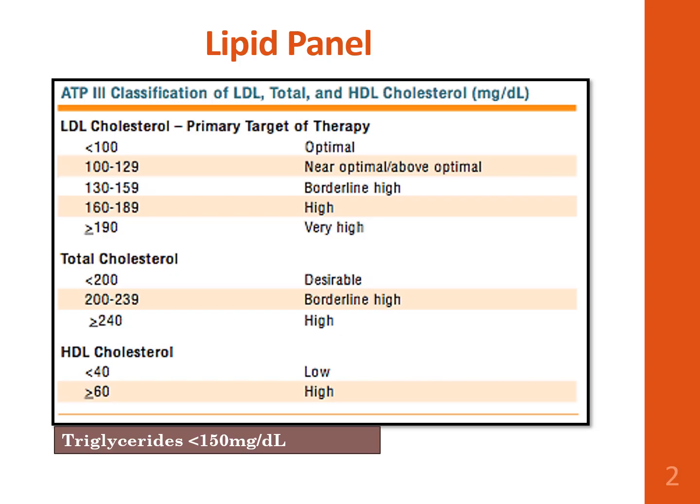When someone gets a lipid panel drawn in a health clinic or hospital setting, these are the ideal numbers you're looking for. You want an LDL cholesterol, that bad cholesterol, to be less than 100. You want the total cholesterol to be less than 200. HDL cholesterol, you want that one higher, preferably greater than or equal to 60 milligrams per deciliter.